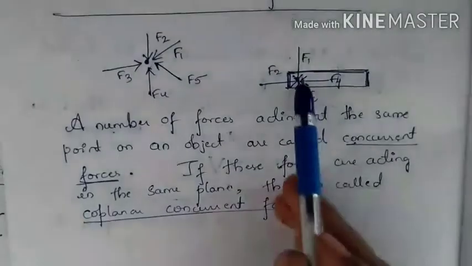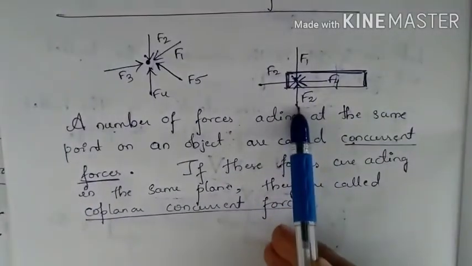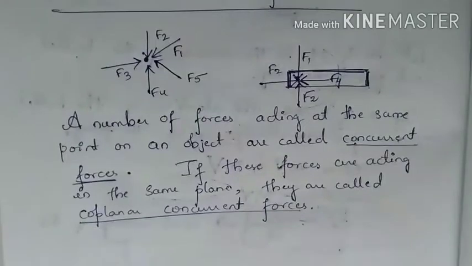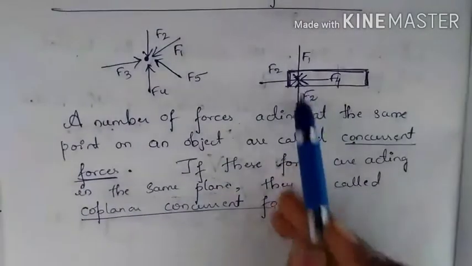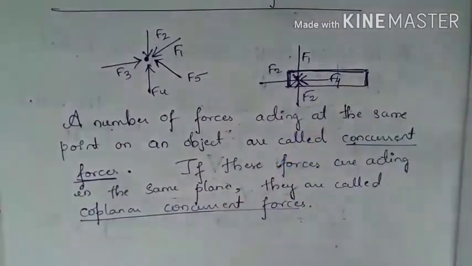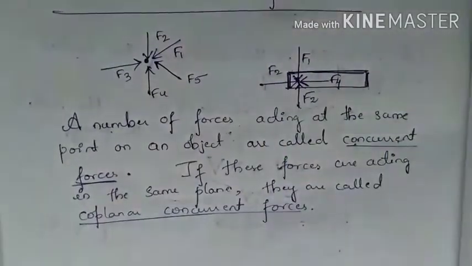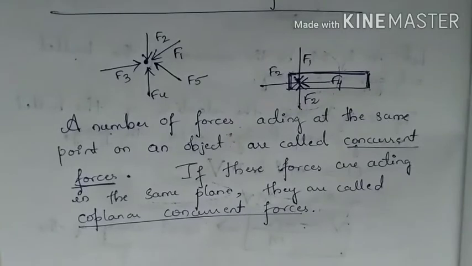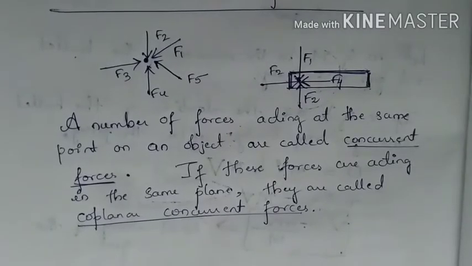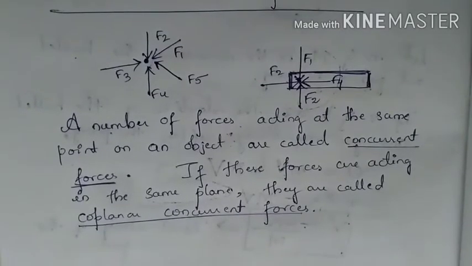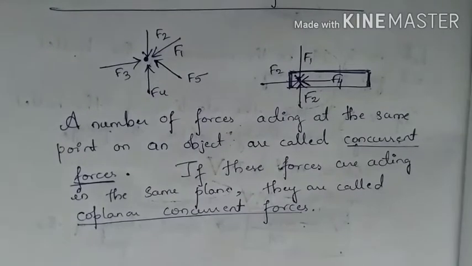Why? Because F1 is in the opposite direction to F2, and F2 is in the opposite direction to F4, and these 2 cancel out and these 2 cancel out. So this book will remain in the state of rest. That state can be called the equilibrium state.